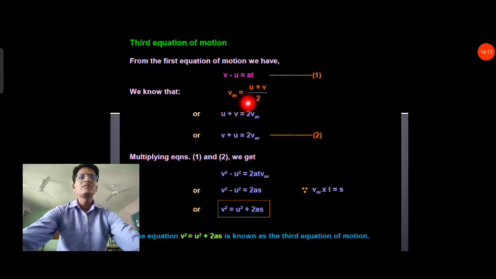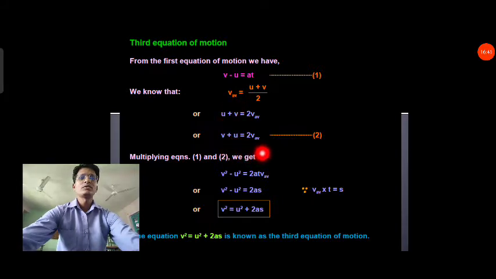We know that the average velocity v is equal to (u plus v) divided by 2, and therefore you will get u plus v is equal to 2 v average.